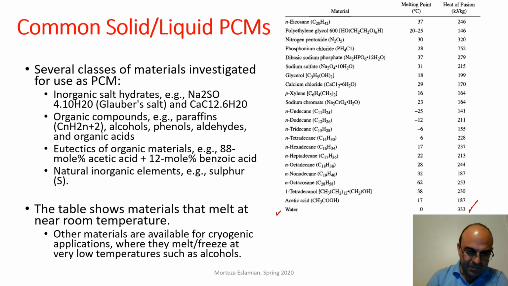For instance, alcohols freeze at a much lower temperature. So if the isothermal or phase change temperature needs to be much lower, alcohols can be used.